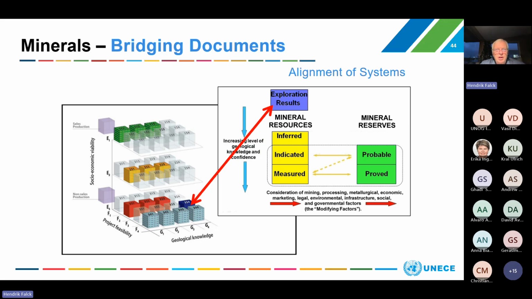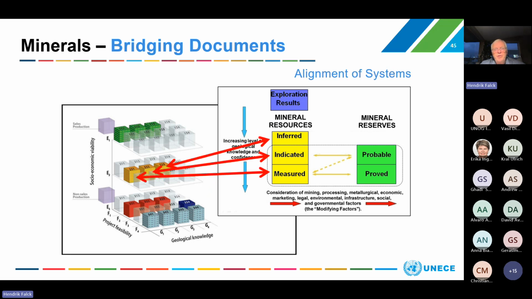So again, exploration results really can be classified as a 334 or 444 if you want, in some cases, depending on what your levels of certainty are. There are ways of classifying very notional results potentially.